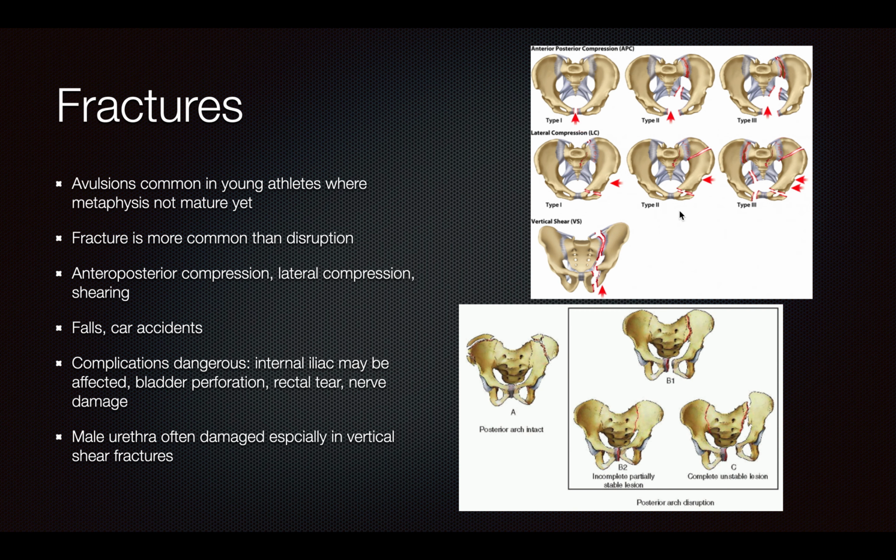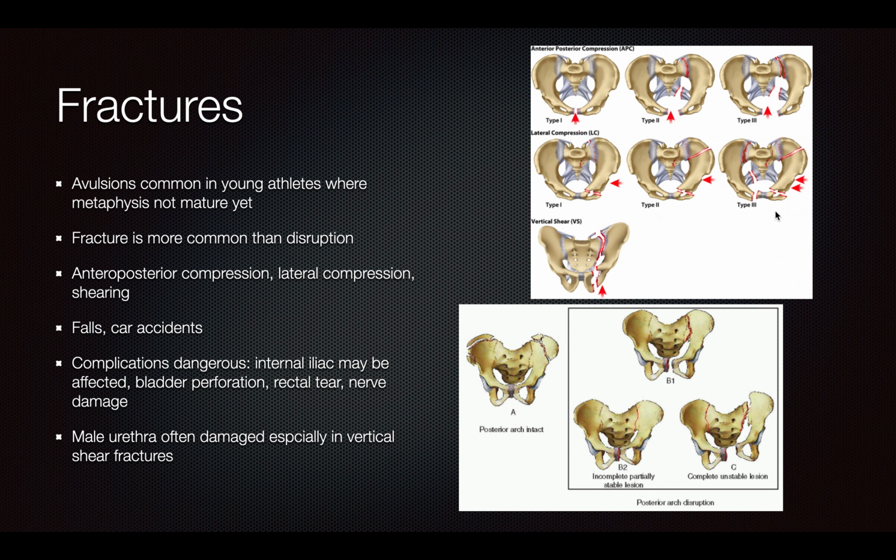Okay, so lateral compression, the force would be coming through the side, follow the arrows. There would be a break of the neck of the ilium and the ischial bone. Here the crest would be broken along with these bones, and this would be an inwards displacement.